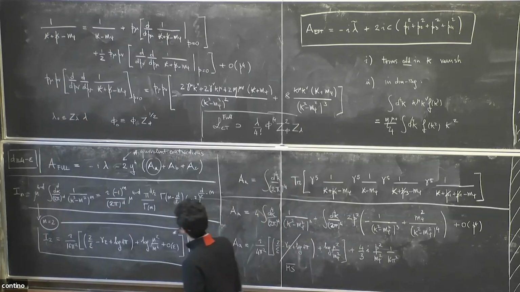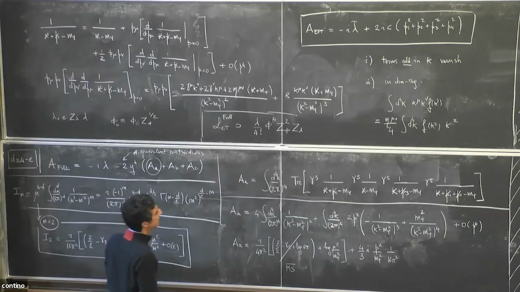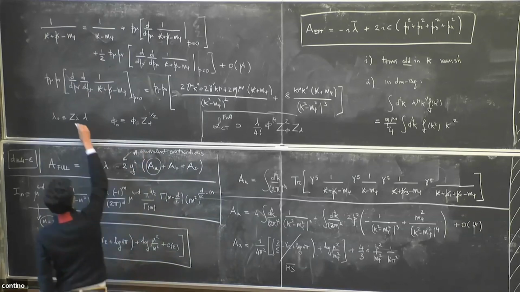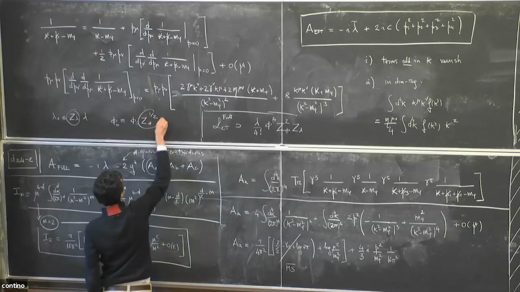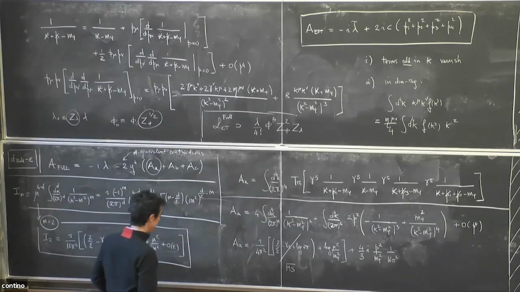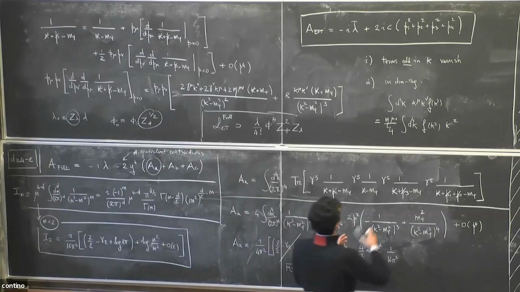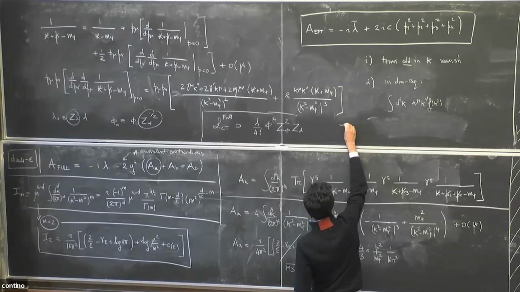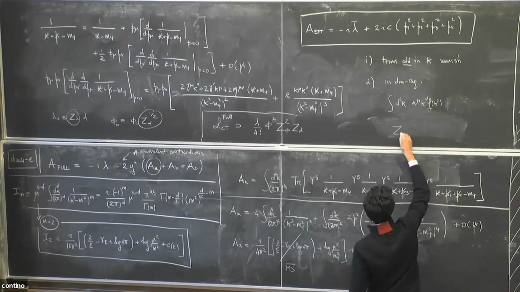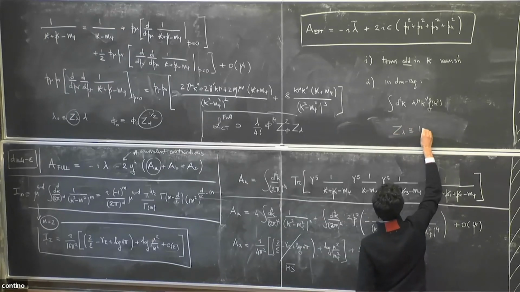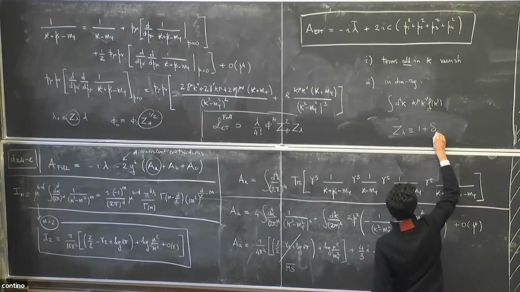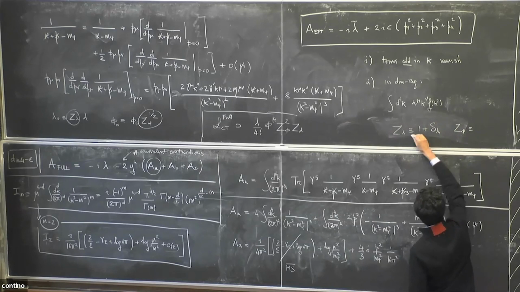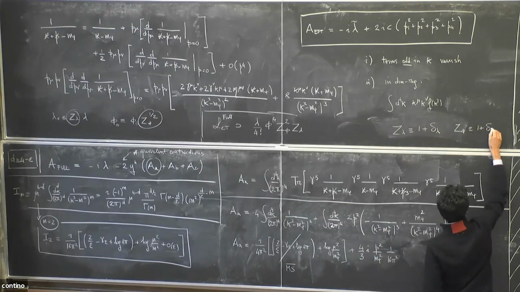Now, if you expand these Z_lambda and Z_phi and isolate the counterterms, in particular, you can write Z_lambda to be defined as 1 plus delta lambda, and Z_phi I define to be 1 plus delta phi.